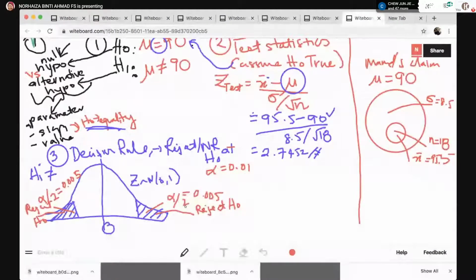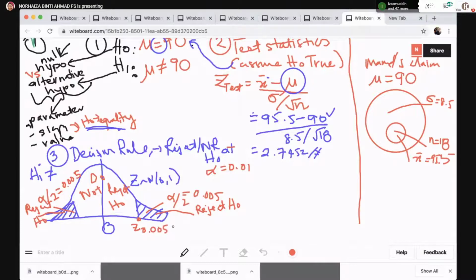So here is the do not reject region of H naught, and here is reject H naught.